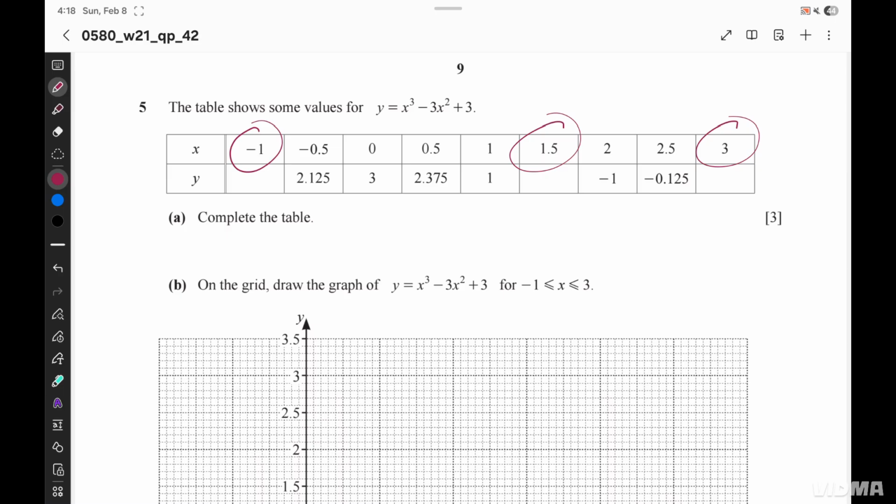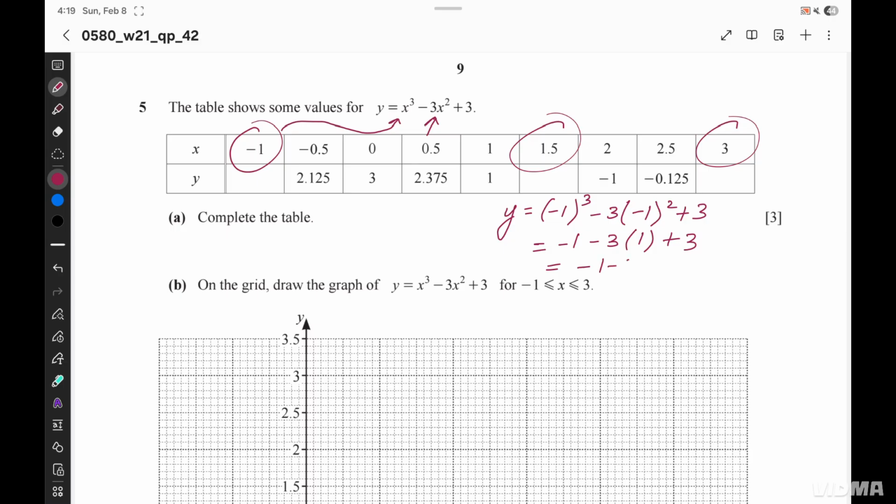You just need to substitute these values over here at the place of x and you will find the corresponding values of y. So when I will substitute -1 in my equation, like this, so what will I get? -1 cube is -1, -3, -1 square is +1 plus 3.